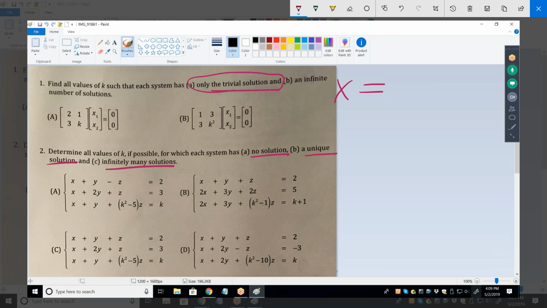Is that a trivial solution? Where k is, we already know that if k is equal to minus 3/2, we have infinitely many. I think in this case it would be the same, minus 3/2, because trivial means infinitely many.